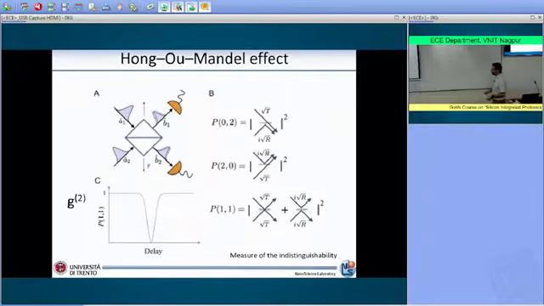And therefore, what does it mean? It means that if I measure the correlation between the click of this detector and the click of that detector, by measuring the delay between the arrival time of this and that, the probability that both detectors click contemporaneously is equal to 0.